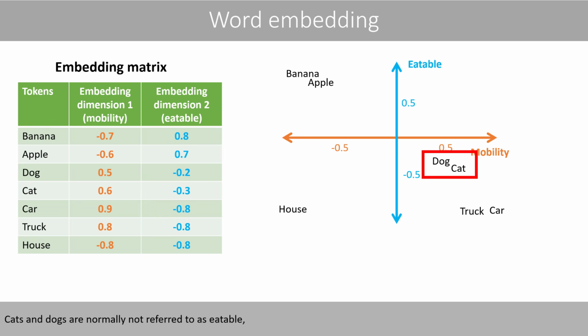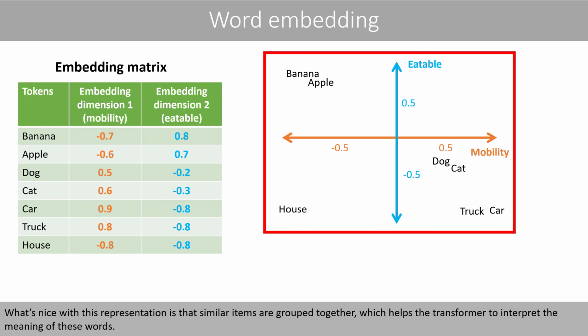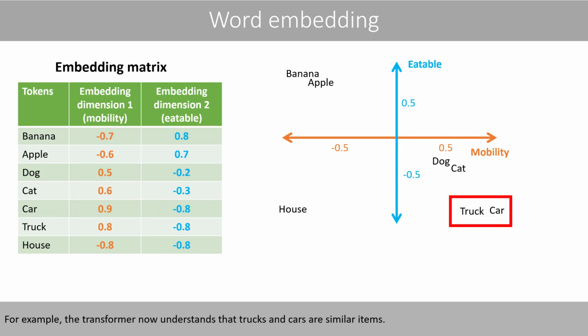Cats and dogs are normally not referred to as eatable, and trucks and cars are definitely not eatable. What's nice with this representation is that similar items are grouped together, which helps the transformer to interpret the meaning of these words. For example, the transformer now understands that trucks and cars are similar items.